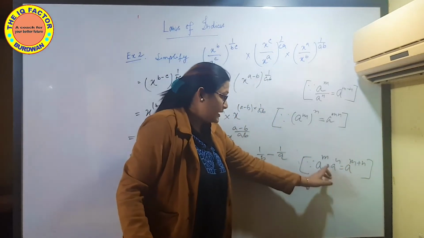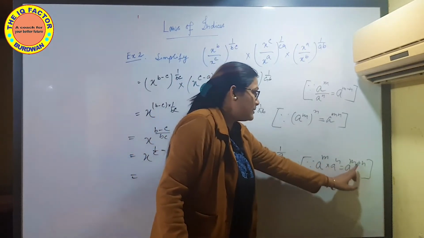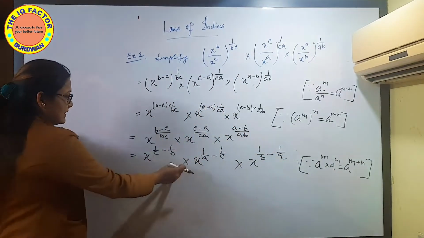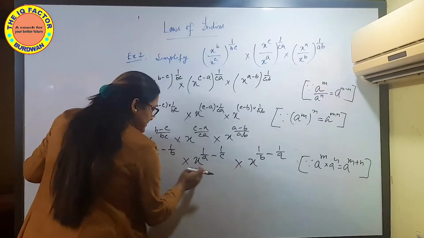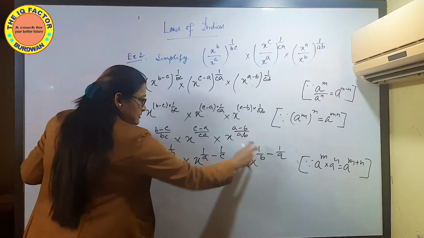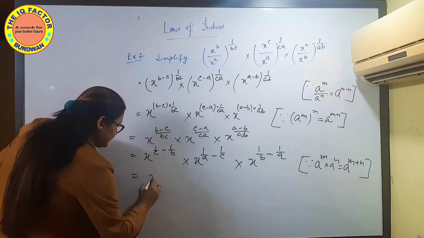The power will be added. So here it is a multiplication, the base is the same, x is the base, different powers, it is multiplication. So the powers will be added.